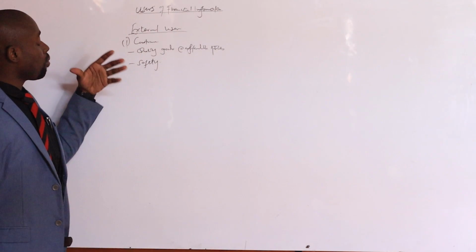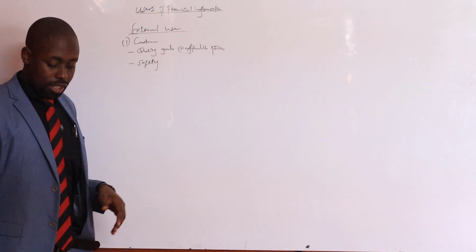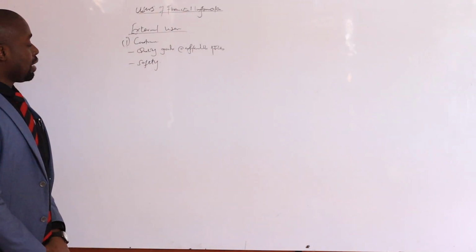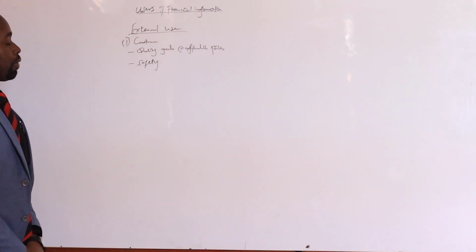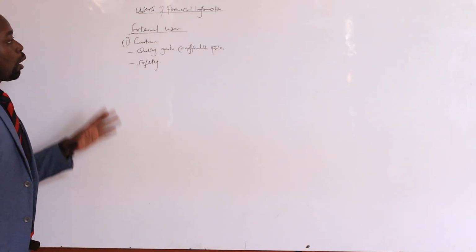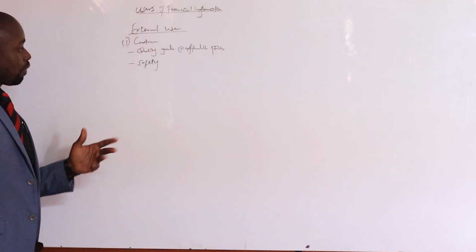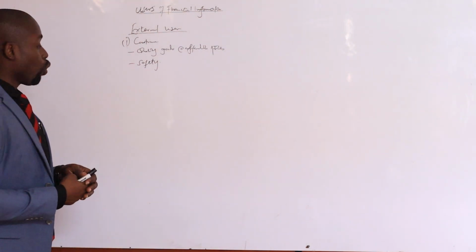So a customer will be concerned about such matters in terms of the commodity or the product they are acquiring. So quality very important, safety very important. Another thing is weights and measures.